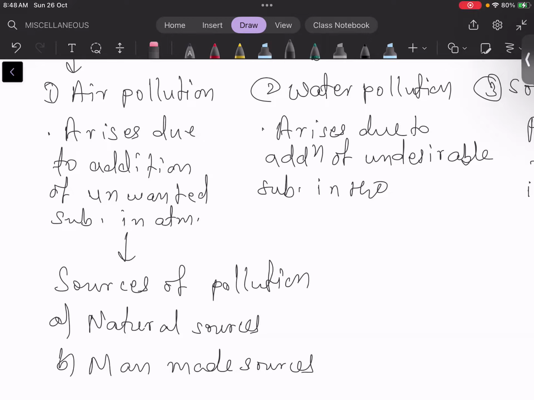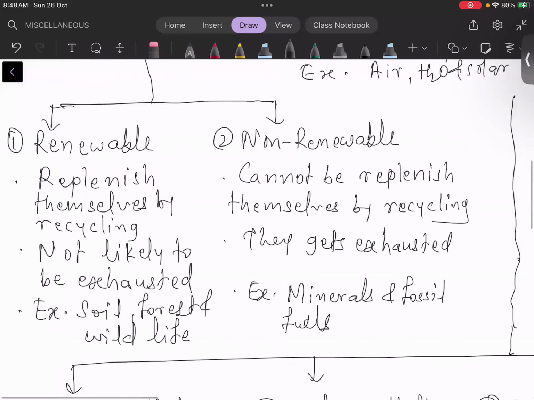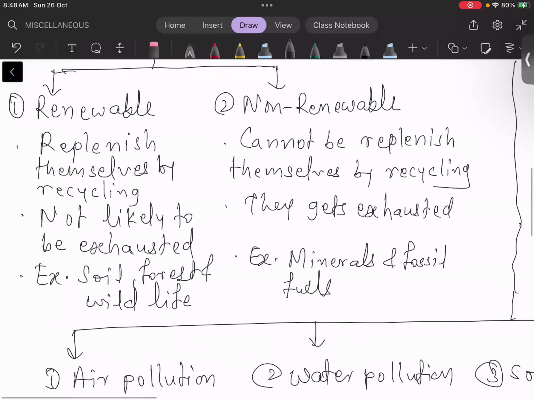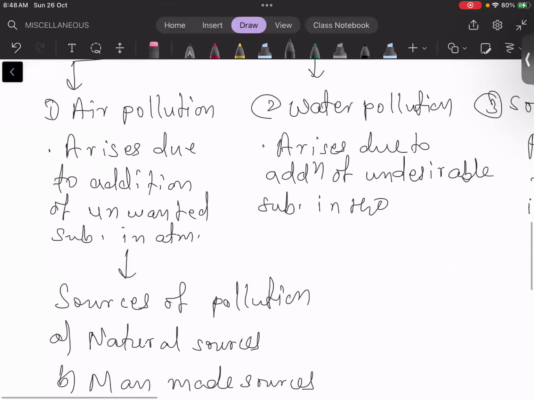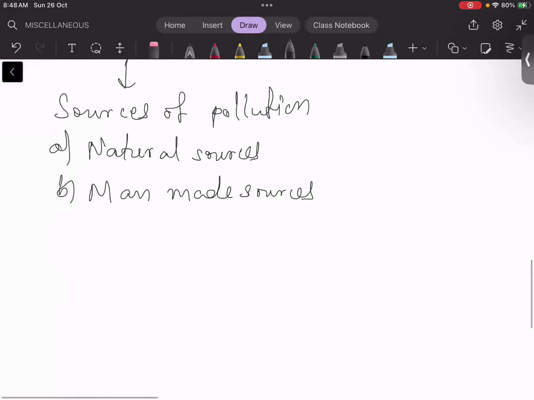Now, what is air? Air is an inexhaustible natural resource, found everywhere. Air is essential for living organisms, for breathing.